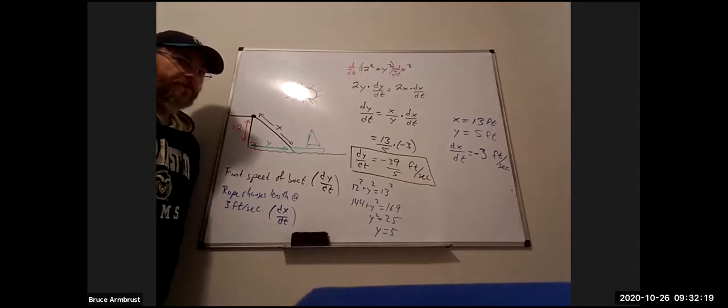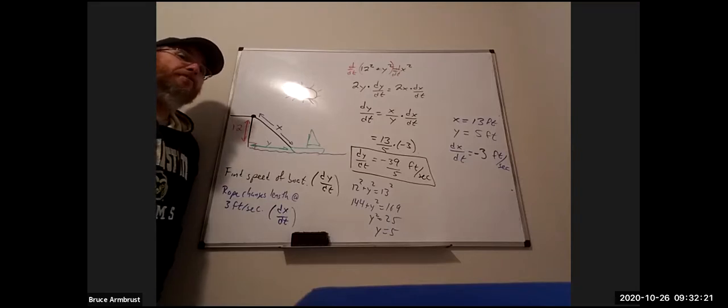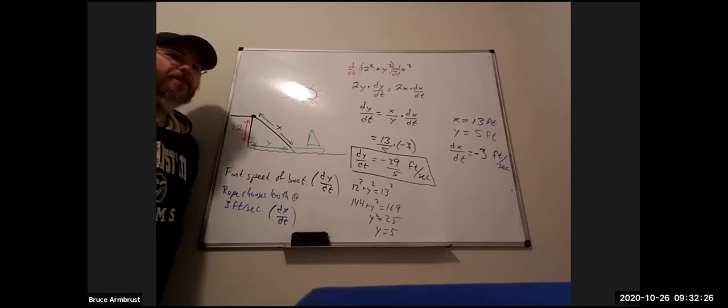Okay, so sounds like maybe no more questions on this. So then the other thing I want to do is, let's write just a little bit of a process, a recipe, right? What steps do we need to take when we're solving one of these related rate problems?